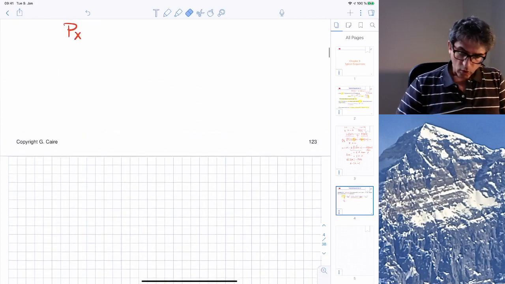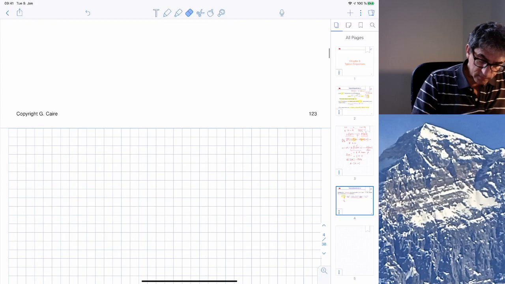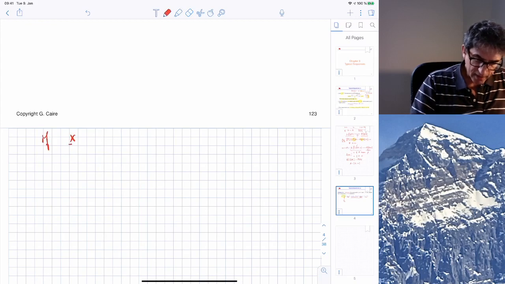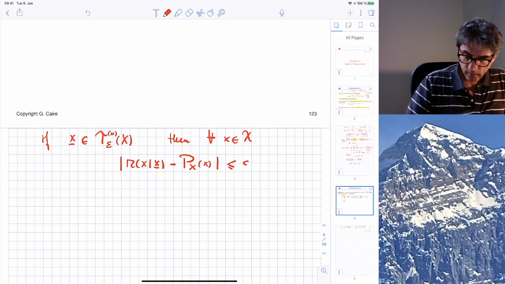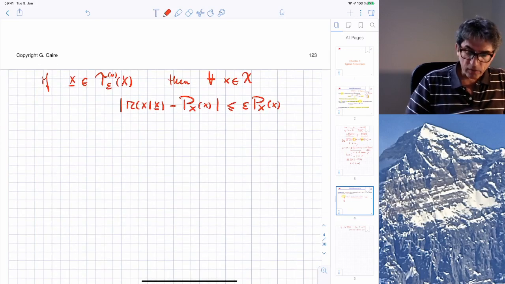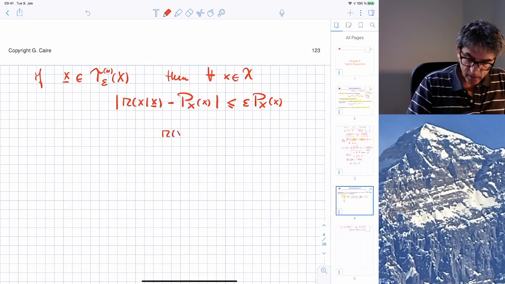So what we know is, if x is typical, then for every letter in the alphabet, the empirical frequency is close to the corresponding probability. If I expand this absolute value, you can simply expand it with a plus and minus.